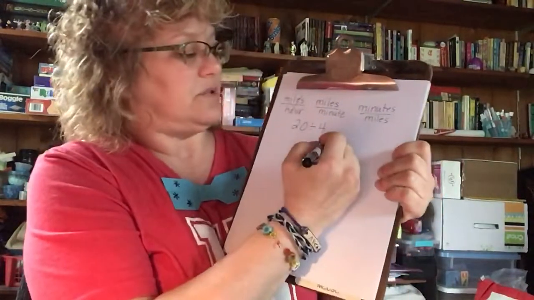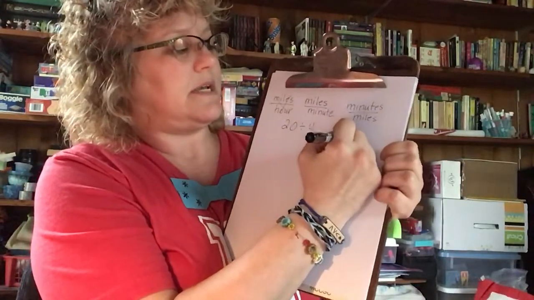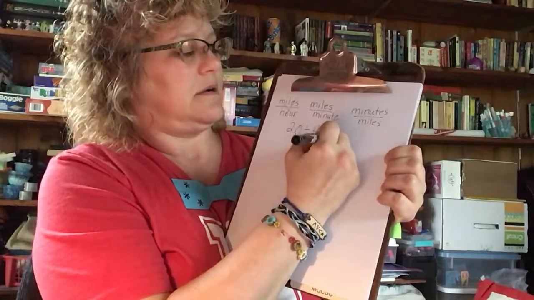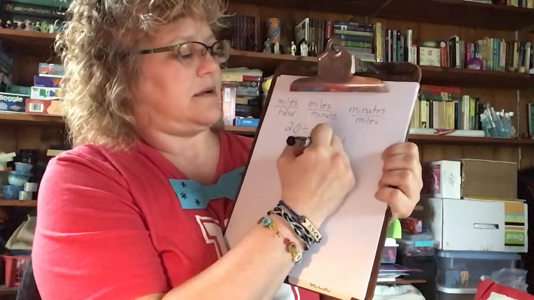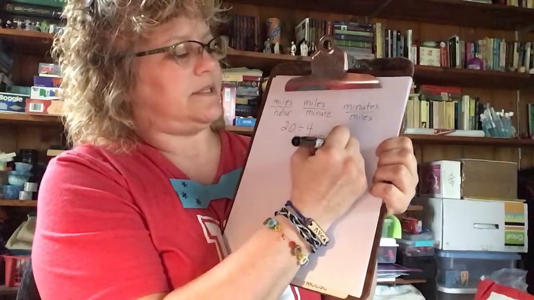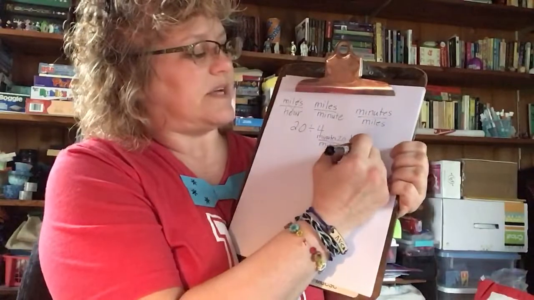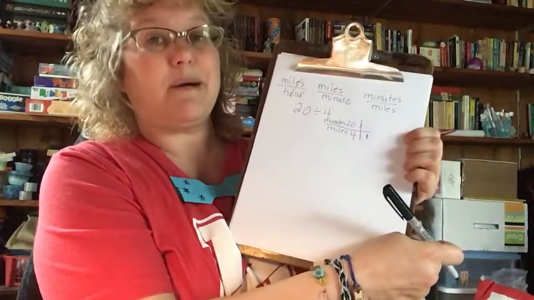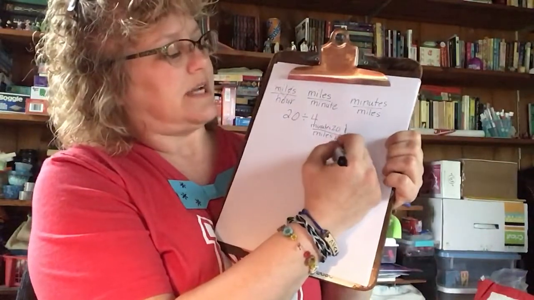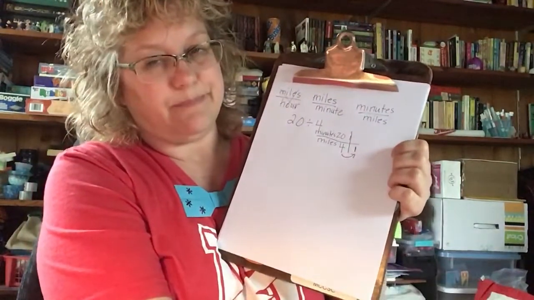So this ratio table for this one, I say 20, let me put the minutes over here so I don't have to write it again. 20 minutes, she could go 4 miles, right? So the goal is I want to get down to 1 mile, and in order to get 4 down to 1, what do I need to do to the 4 right there?